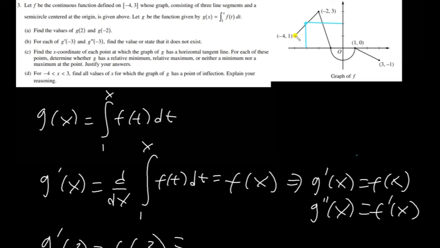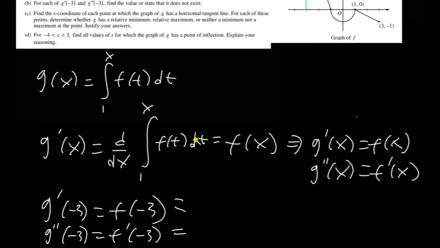To make it more obvious, you can see here we go across by 2, and we go up by 2, right? So when we go across by 1, we should go up by 1, right? So at negative 3, we're at 2. Okay? So this is equal to 2.